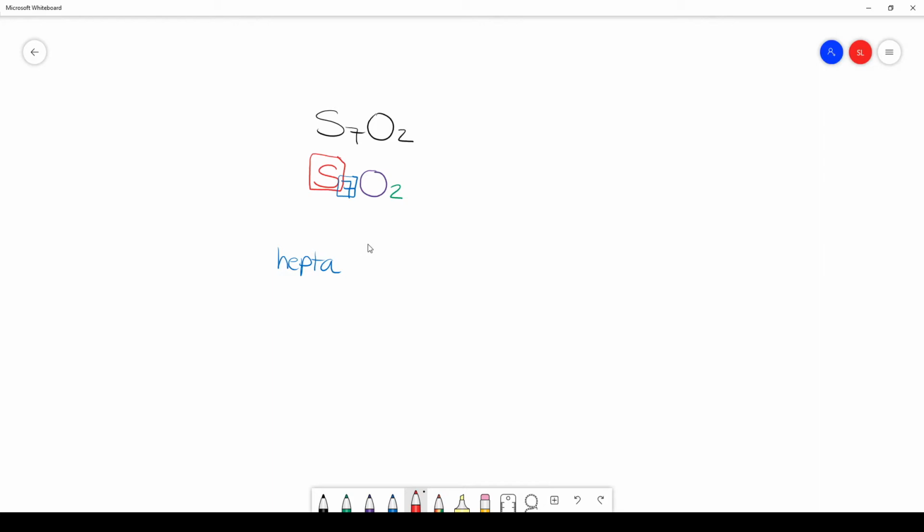But here, sulfur is element 1, so it keeps its full element name without modification. And our first part of the name is the single word heptasulfur.